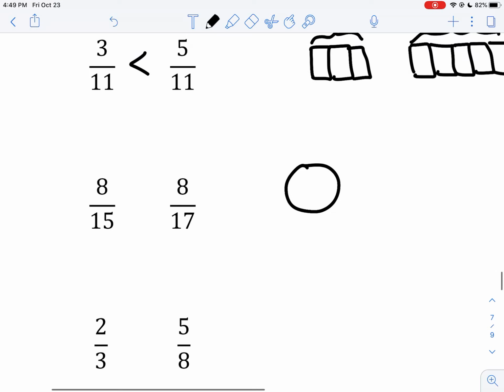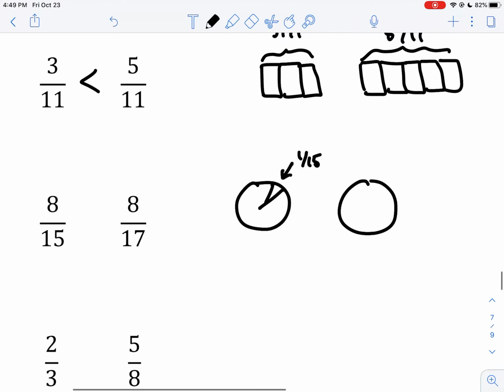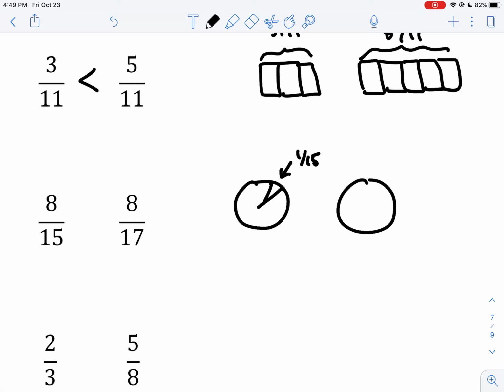Well, if you take a whole, let's use a circle for a whole, and you break it into 15 pieces, you're going to have a wedge that will say one of those is 1/15th. And if you were to take the exact same circle and break it up into 17 pieces, so more pieces, which means we should have, this is smaller.